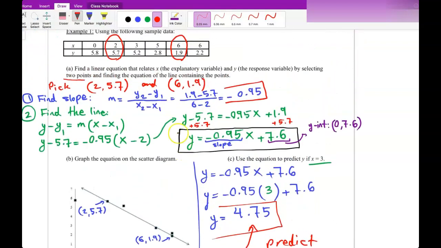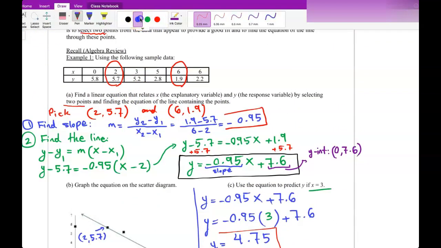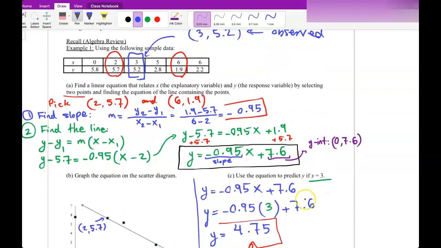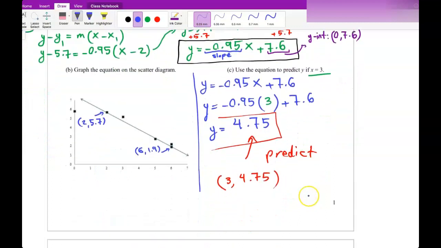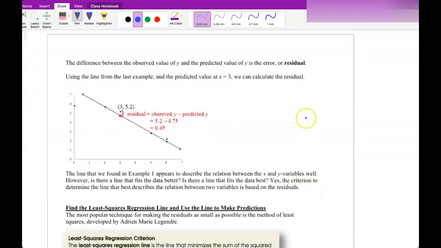But based on this table, here we have 3, 5.2. This is what is observed. So the difference between observed and predicted is the error or residual.